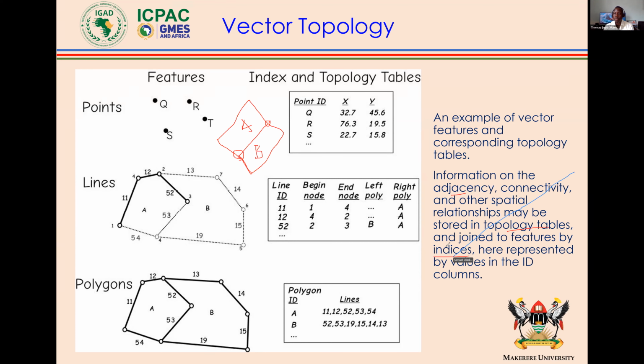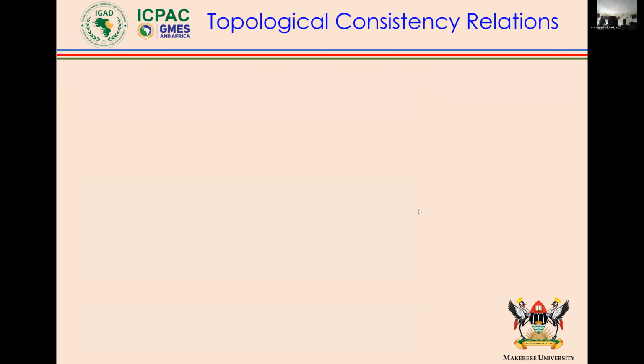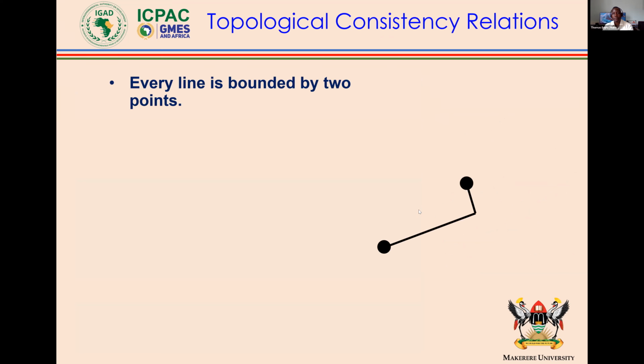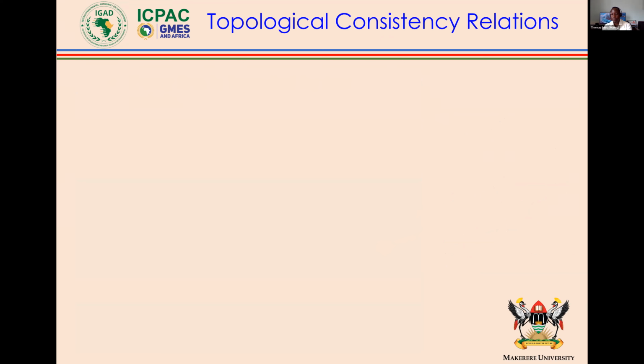So when you need to retrieve information from that table or from one feature, then what is indexed to it also will be retrieved. In this case, the topological relationship. Okay, so topological consistency relationship.